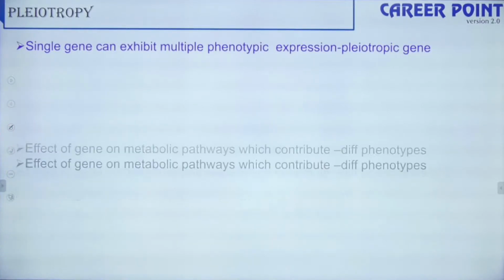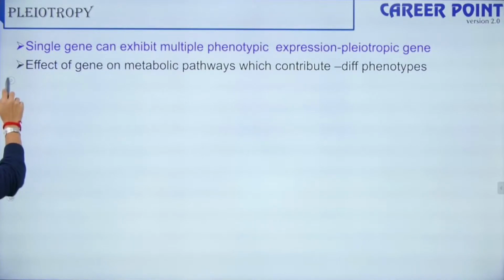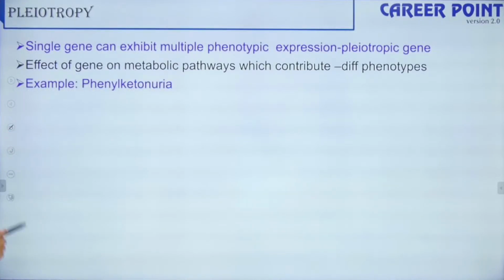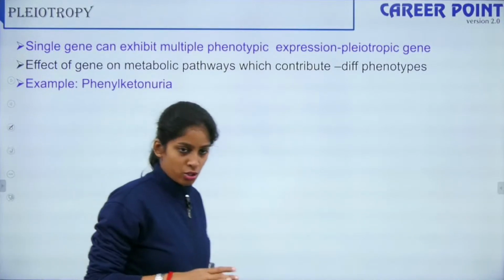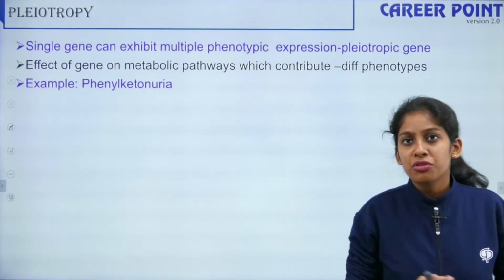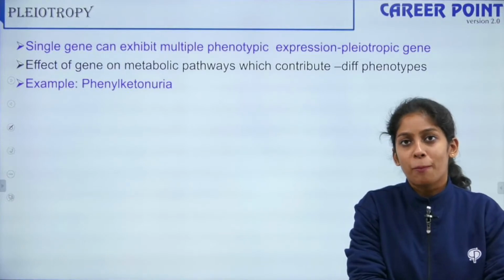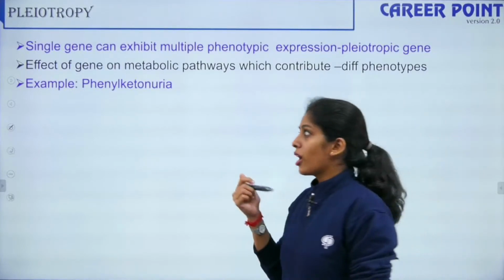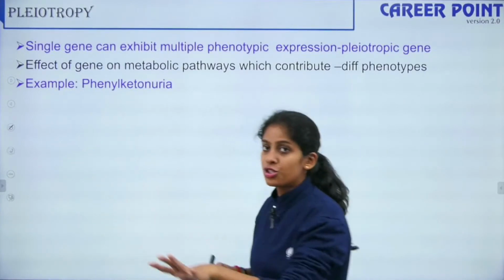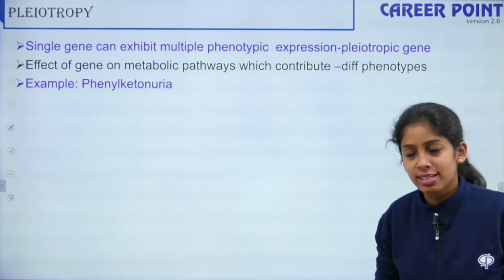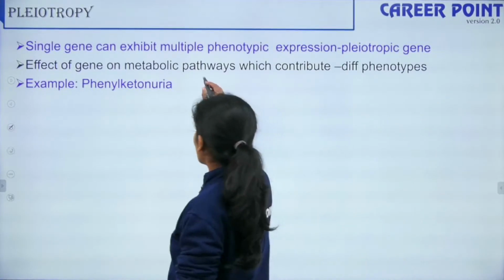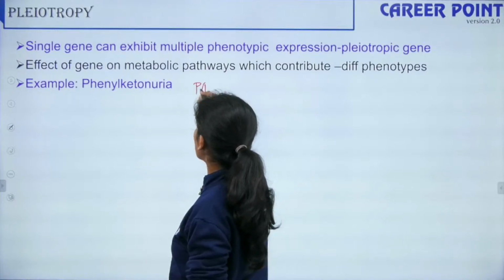So one example we'll talk about is phenylketonuria. Phenylketonuria is an inborn disorder. For example, you have different amino acids, if you've read the topic biomolecules, right? You have a list of essential amino acids and a list of non-essential amino acids. So suppose you have phenylalanine.